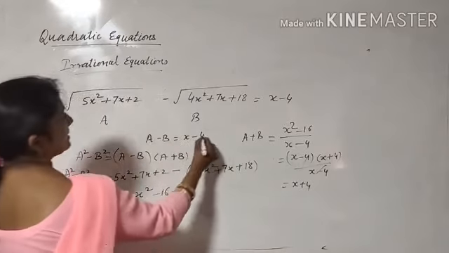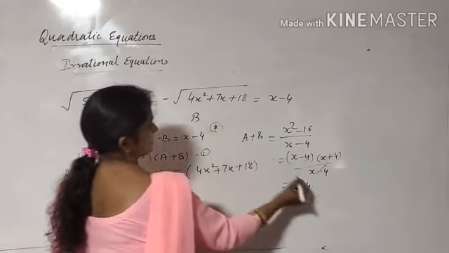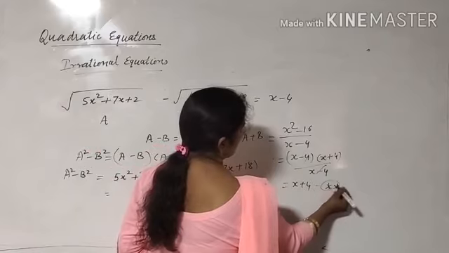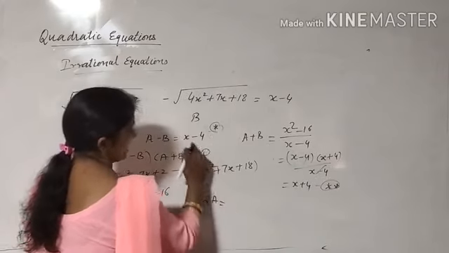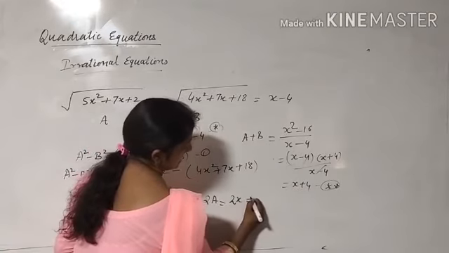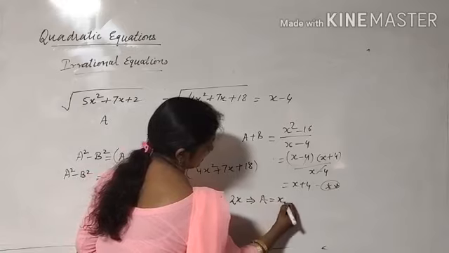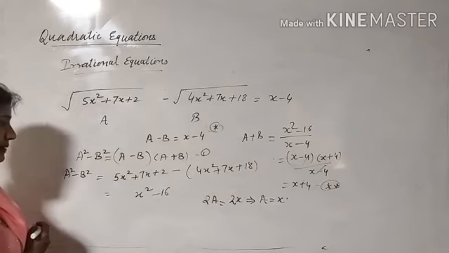So when we add these 1 and 2, suppose this is star and this is double star. By adding these two, we get 2a is x minus 4 plus x plus 4. So this is 2x, and it implies a is equal to x. We have x is equal to a.